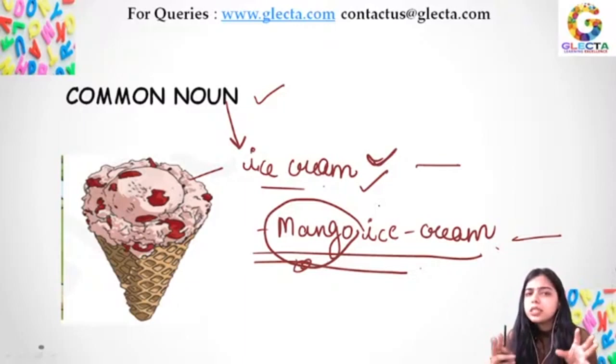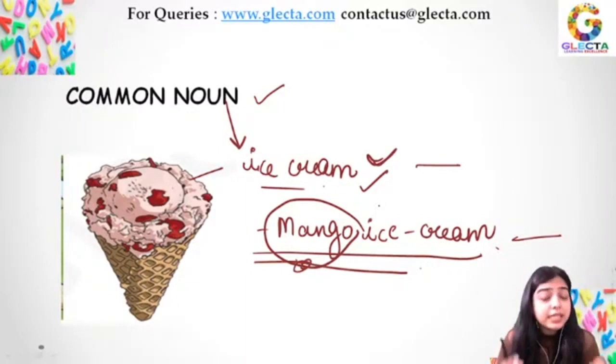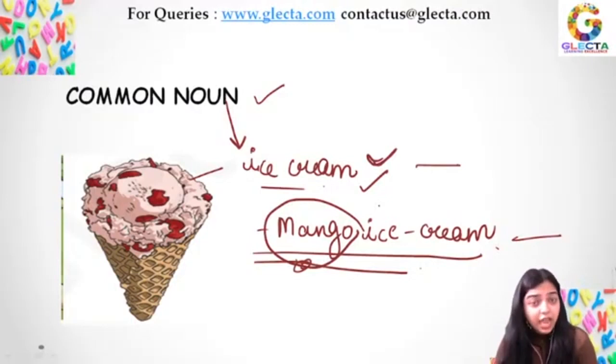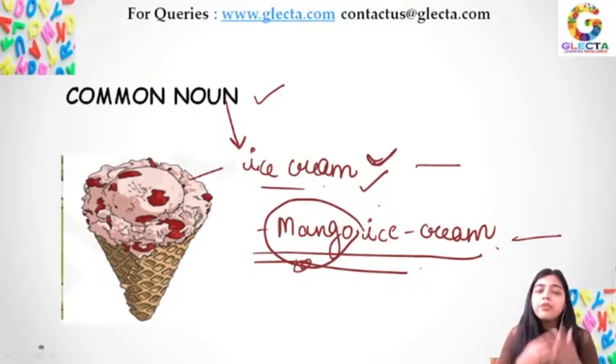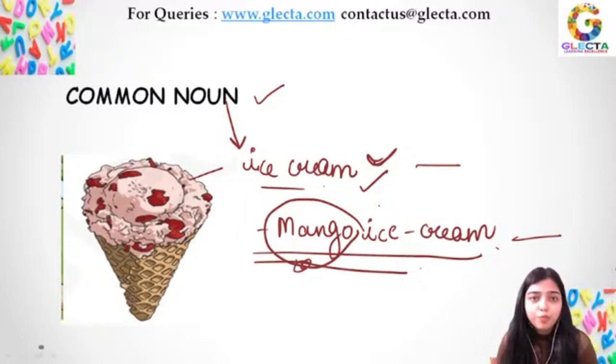It is just a mention of how we use groups, how we specify, how we characterize things in groups. For example, I said ice cream, I said every day, I told you I saw a dog, a cat, all these examples where we are just using general information. This is the part of common noun.